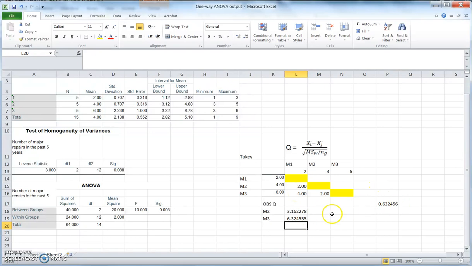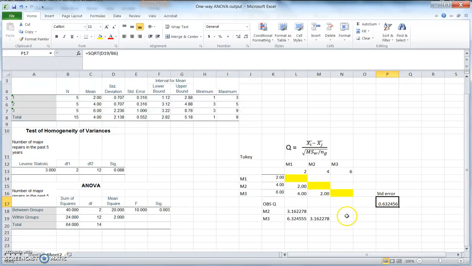Yes, it's always the same. And the last pair is model 3 versus model 2, and their mean difference is 2. So the Q observed would be the mean difference over the standard error. Okay, so remember, this is your standard error.